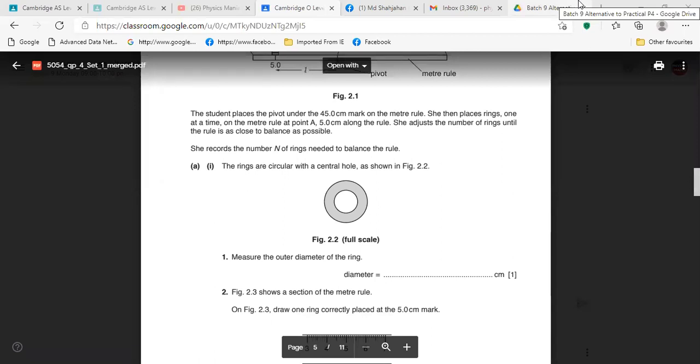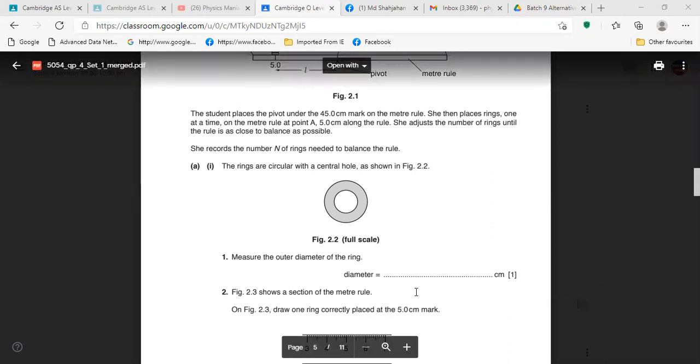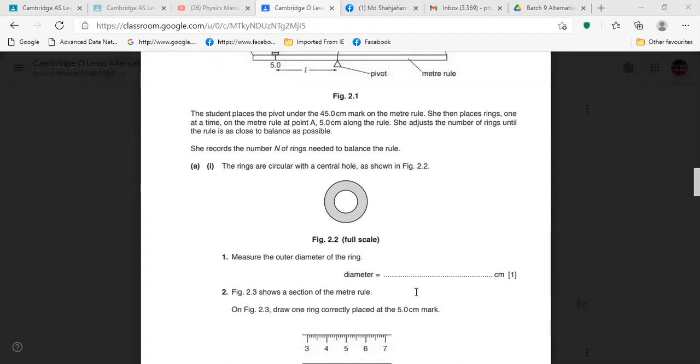You also got one for the outer diameter. This is the inner diameter. Outer diameter is this one. 2.1. Oh, 2.1. Then it's all right.